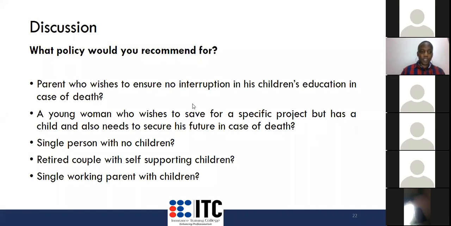So I think the final two were a retired couple with self-supporting children. Which product would they take there? Would it be an endowment? Would it be a whole life if they're retired?